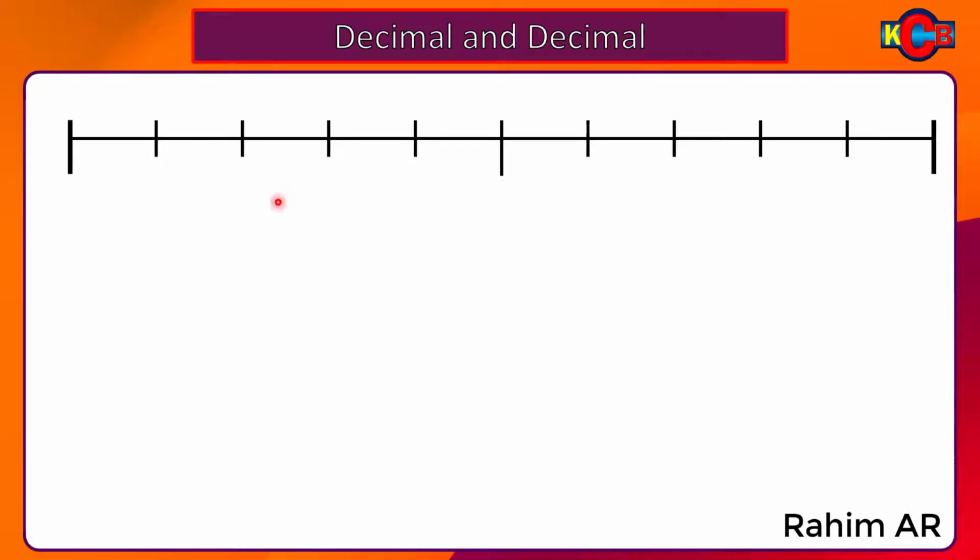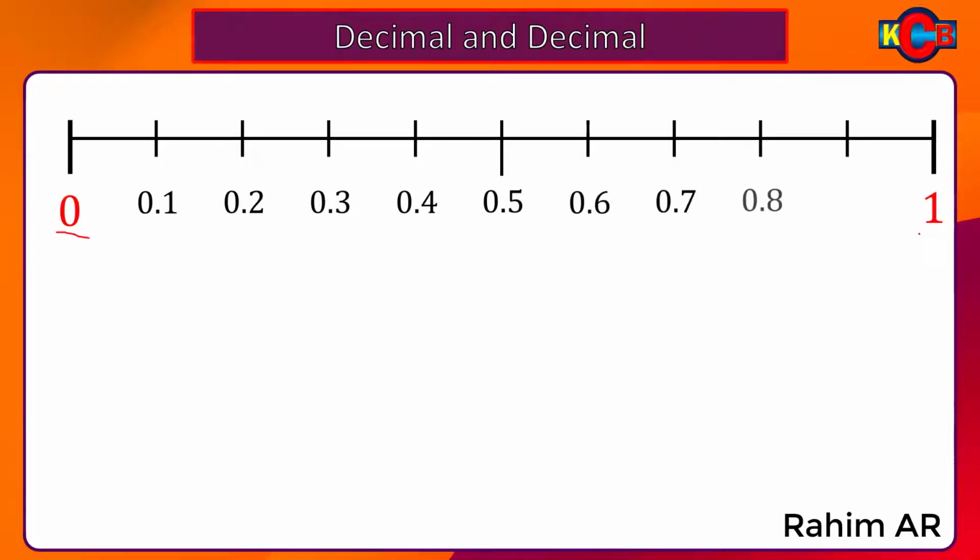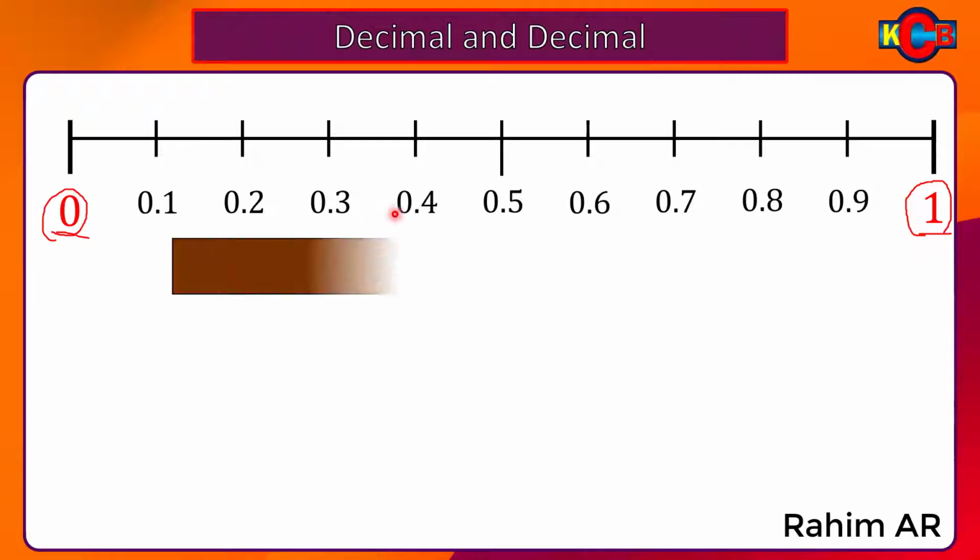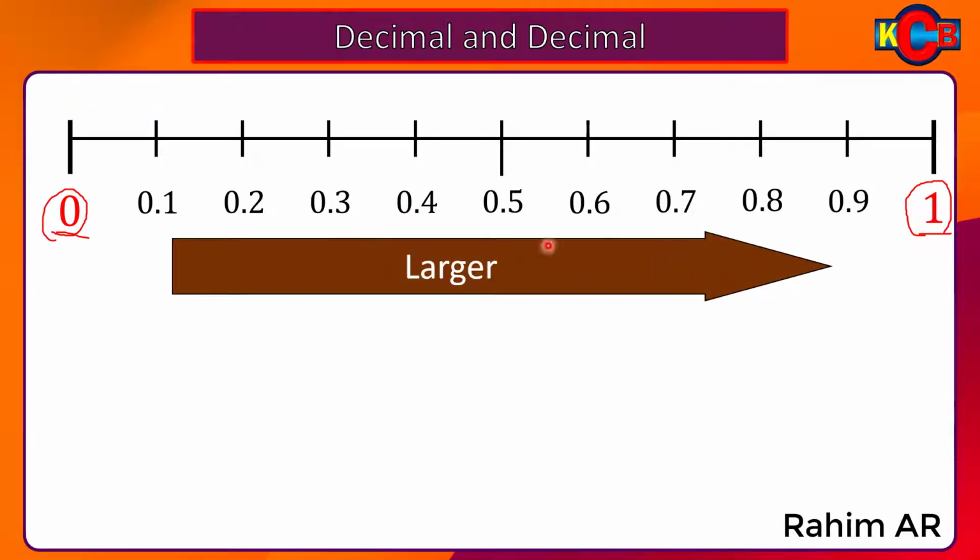Okay, so this is a number line between 0 and 1. You can see that all the decimal numbers are between 0 and 1. In a number line, when we go right, the value is increasing.